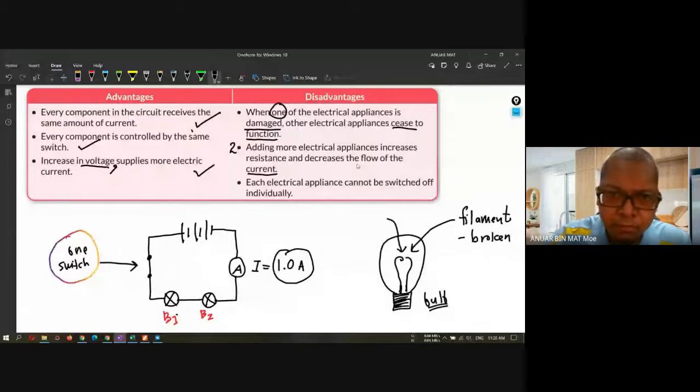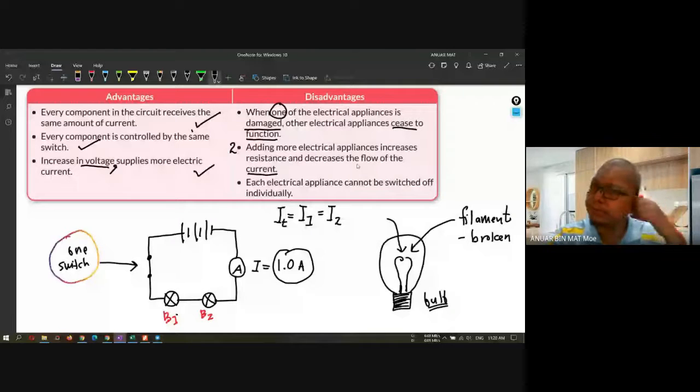Because the formula for current in series circuit is I equals I1 equals I2. Is it true? Decrease the flow of the current. The current will be all the same, right?